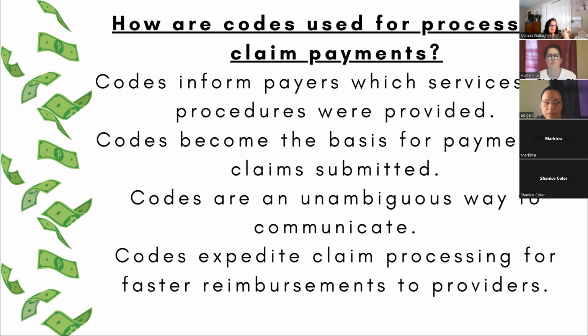Codes expedite claim processing for faster reimbursement to the providers. They can use computers to grab those numbers, whereas a computer system is not really going to grab the words. They want those codes, and each code equals the words.